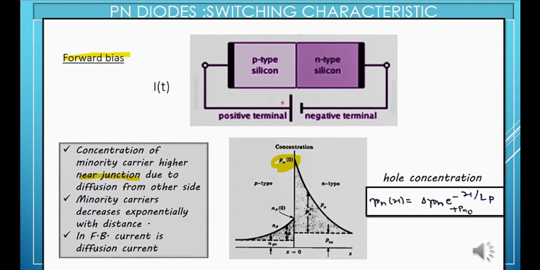This happens due to diffusion from the other side, and the minority carriers decrease exponentially. This is the formula. You can see that the minority carriers here are holes, and they decrease exponentially as we go away from the junction. And in forward bias, the majority currents are diffusion current. So this is the charge carrier profile in forward bias.